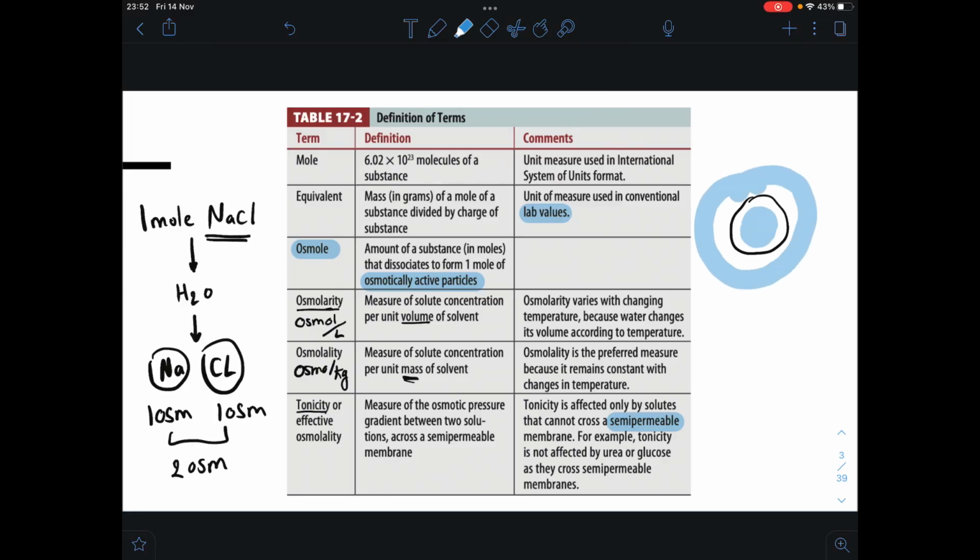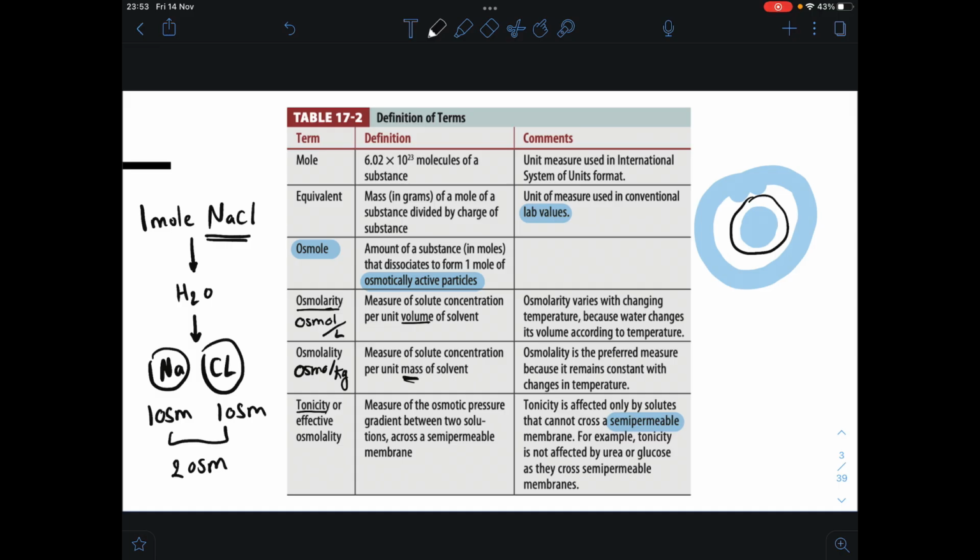Because there is a membrane separating the extracellular compartment from the intracellular compartment, there is this concept of tonicity, and the idea behind it is that the more osmolar a solution is, the more likely it is to pull water towards it.